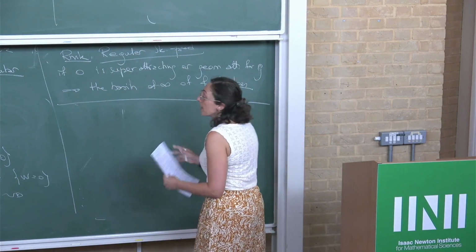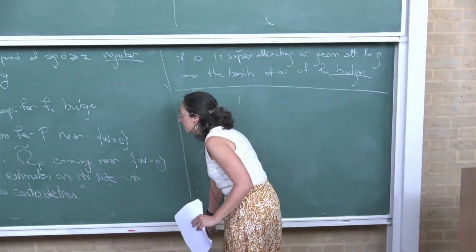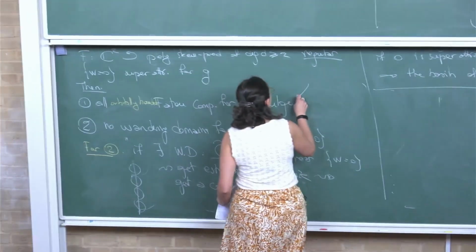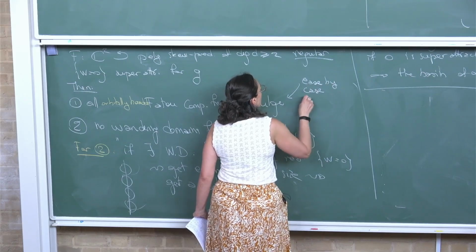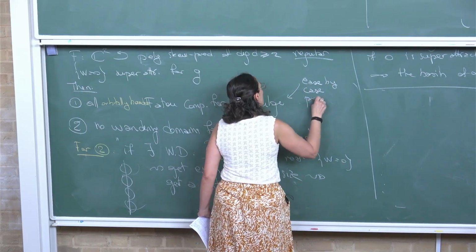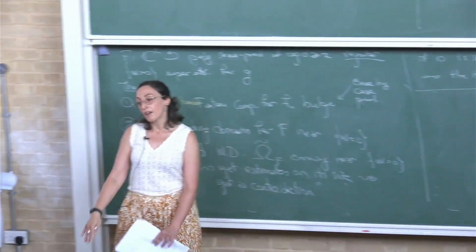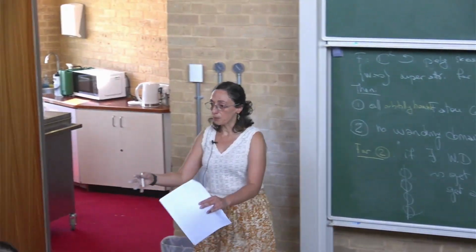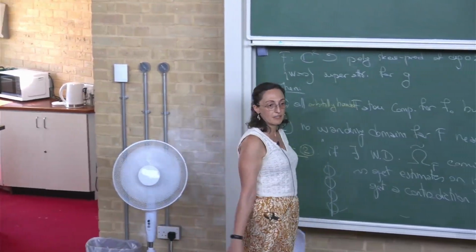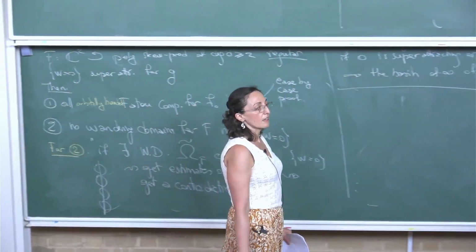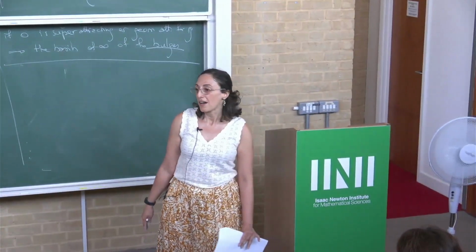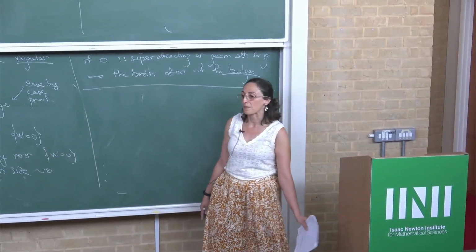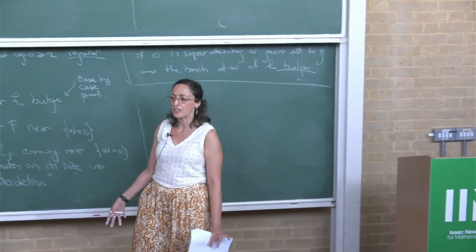Oh yeah, and what I forgot to say is that this one is a case by case proof. So you take an attracting domain, you prove it bulges. You take a parabolic Bayesian, you prove it bulges. You take a Siegel disk, you prove it bulges. And then actually you can even forget that you're working with polynomials, because essentially it's a local proof.